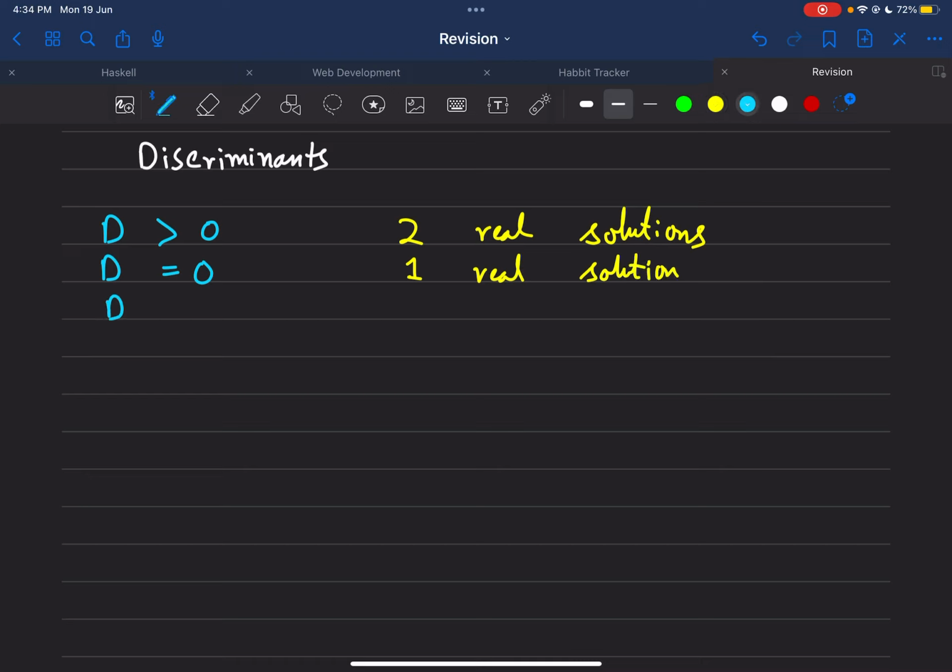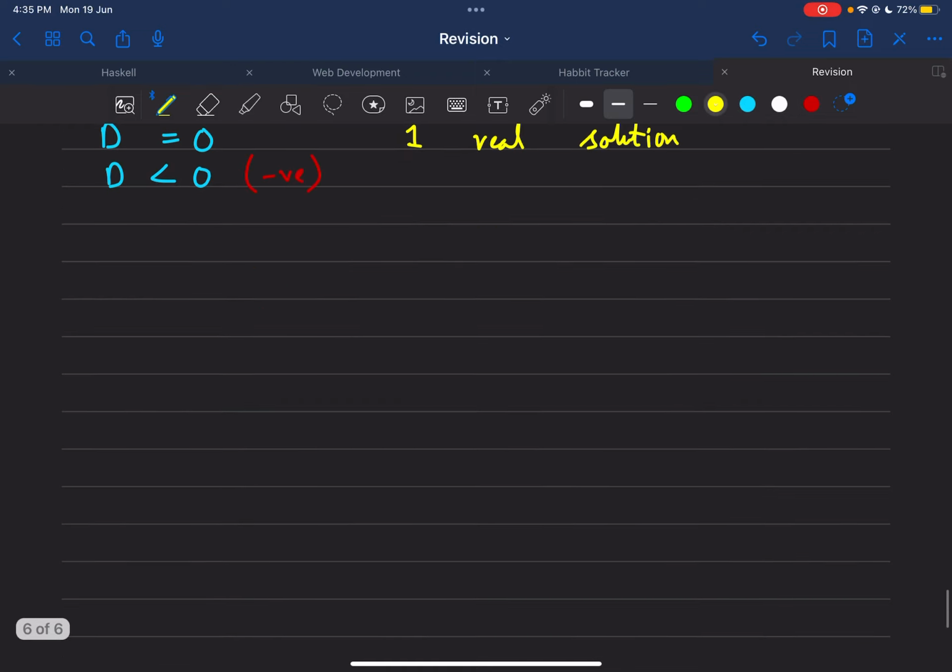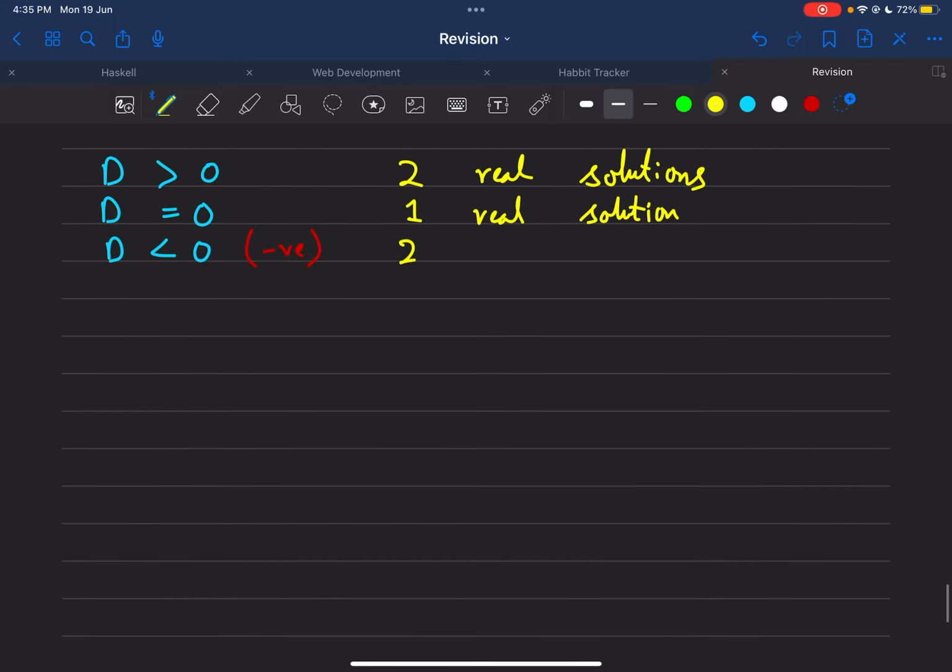If the discriminant is less than 0, that is, if it's negative, then there's going to be two imaginary solutions.